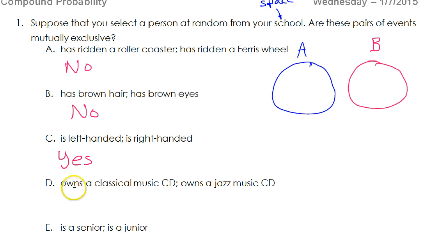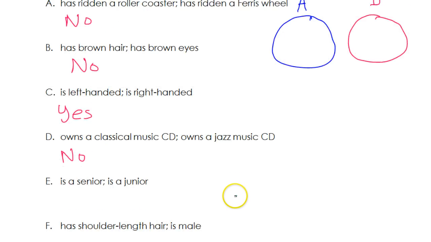For D, owns a classical music CD, owns a jazz music CD. These are not mutually exclusive, because you could have one person that owns a classical music CD and a jazz music CD. It doesn't have to be one or the other.